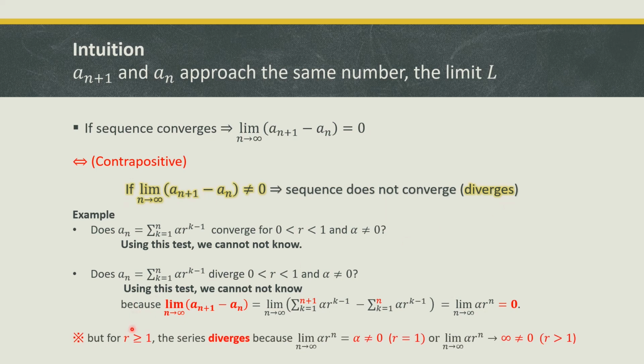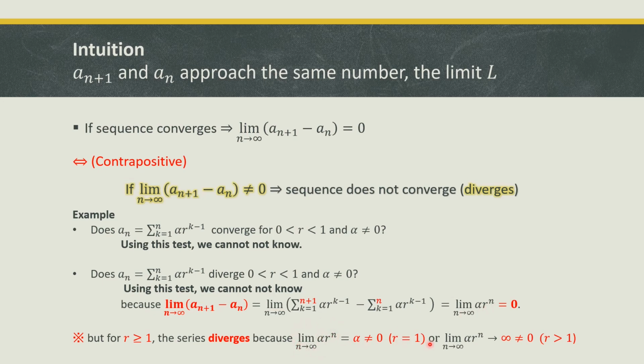But we also note that if r is greater than or equal to 1, the series actually diverges. And that's because when you do the difference, so this is the difference. If alpha is not 0, then that difference is alpha times r raised to the n.